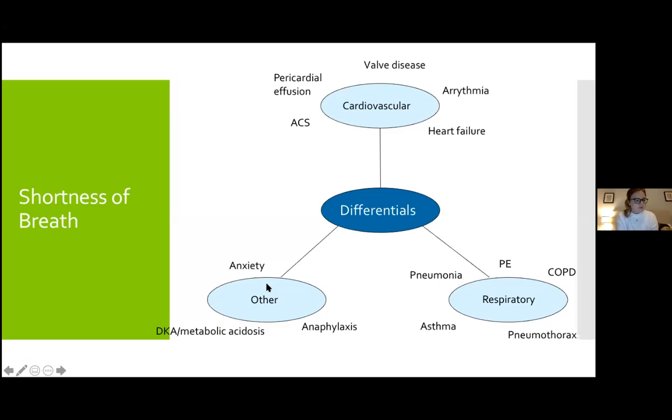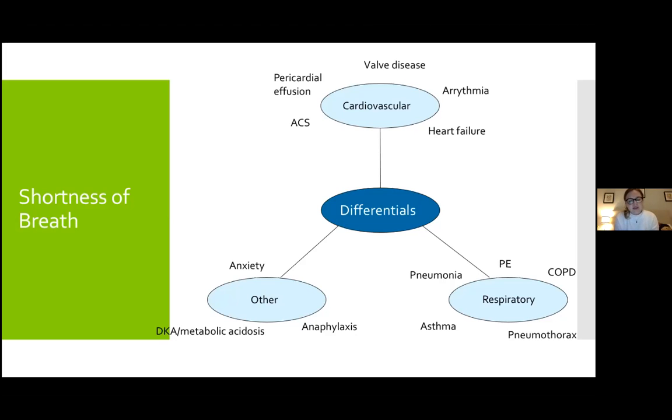Okay, the last one is shortness of breath. So the main differentials for shortness of breath: you've got your cardiovascular causes, which are obviously ACS, a pericardial effusion, valve disease, arrhythmia, and heart failure. Respiratory obviously is a massive component, and a PE, COPD, asthma, pneumonia, and pneumothorax can cause shortness of breath.